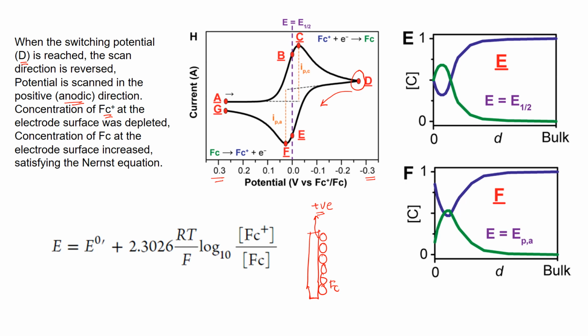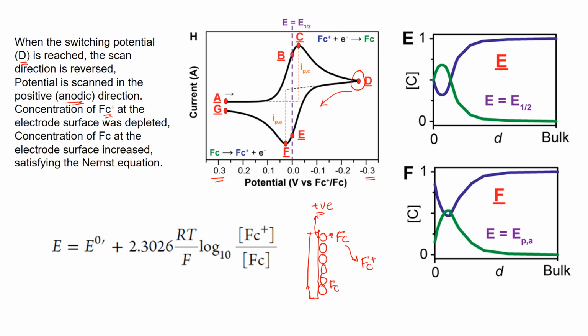So the Fc has to lose the electron, and after losing it has to come into the bulk of the solution and become Fc plus. And once it loses the electron, it cannot remain as a solid, it will be in the ionic form.